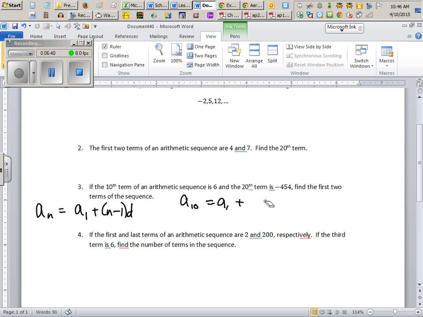Said that wrong. The 10th term is the first term plus 9 common differences. And you could write the 20th term is the first term plus 19 differences. So you can write these little equations down, see? They're all true. They're just the same statement over and over again.